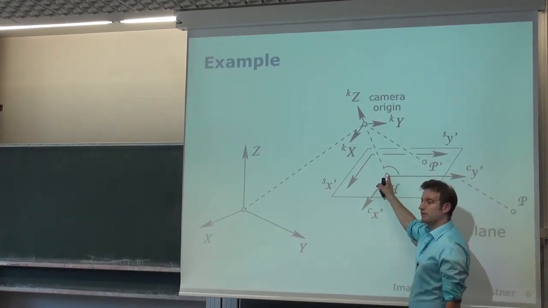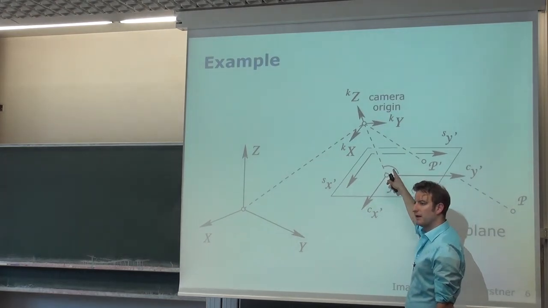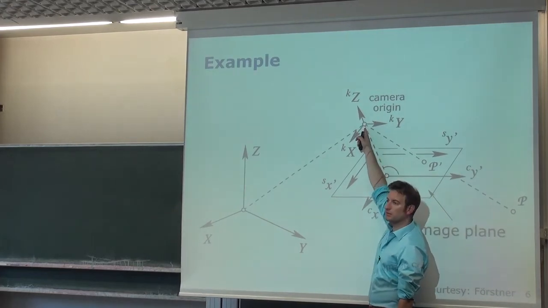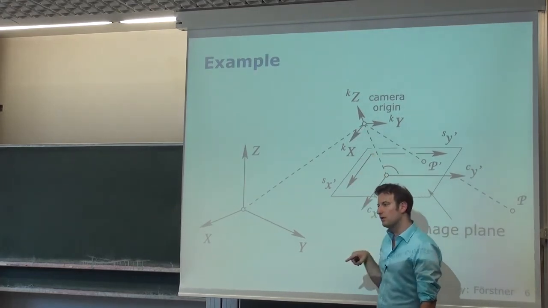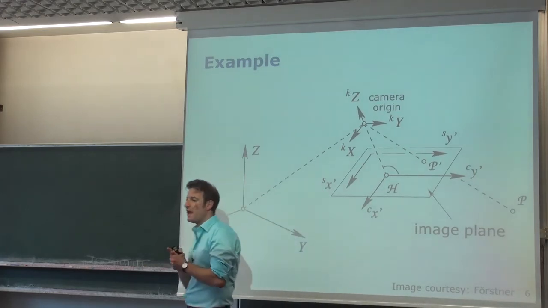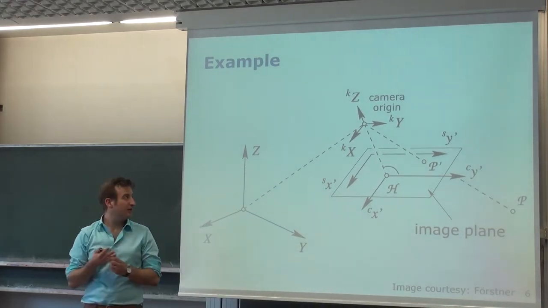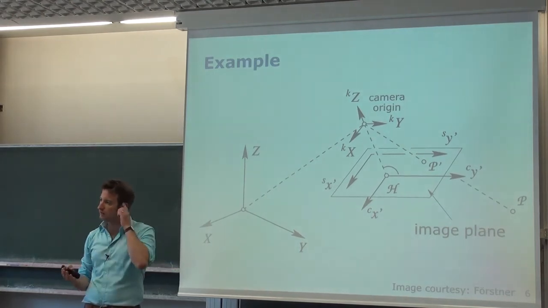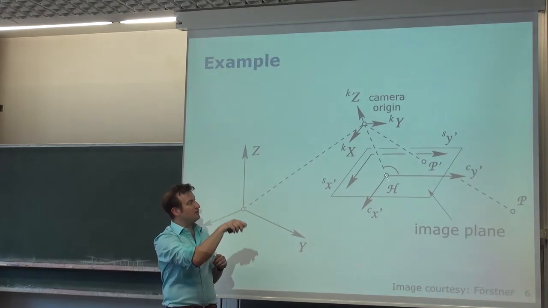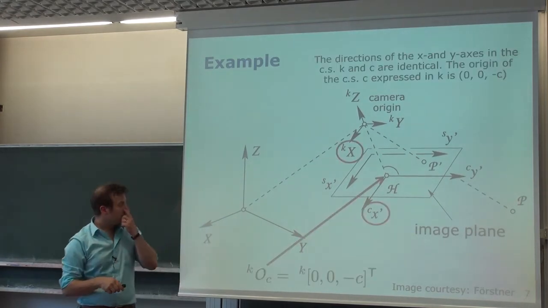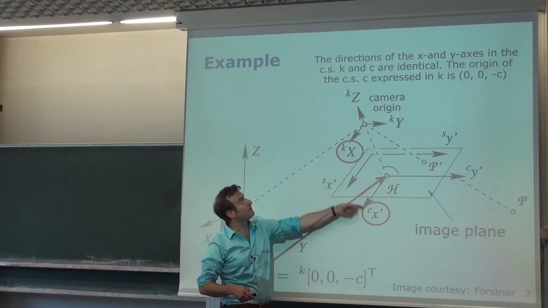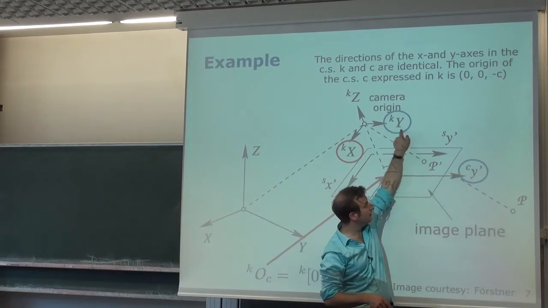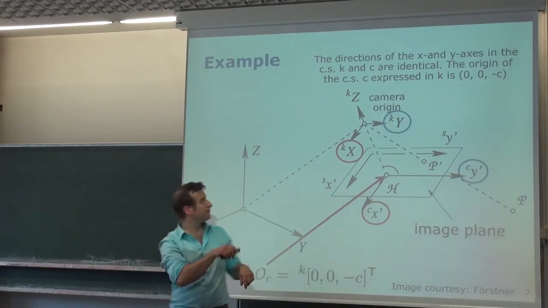So this point over here, the origin of my image plane coordinate system, is very strongly linked to this coordinate system. The direction of the x-axis is the same, the direction of the y-axis is the same, and they're all at 0, 0. The only thing is that the z-coordinate in that system is c, where this is the center point. So we can label this. Those two point in the same direction, and those two point in the same direction.